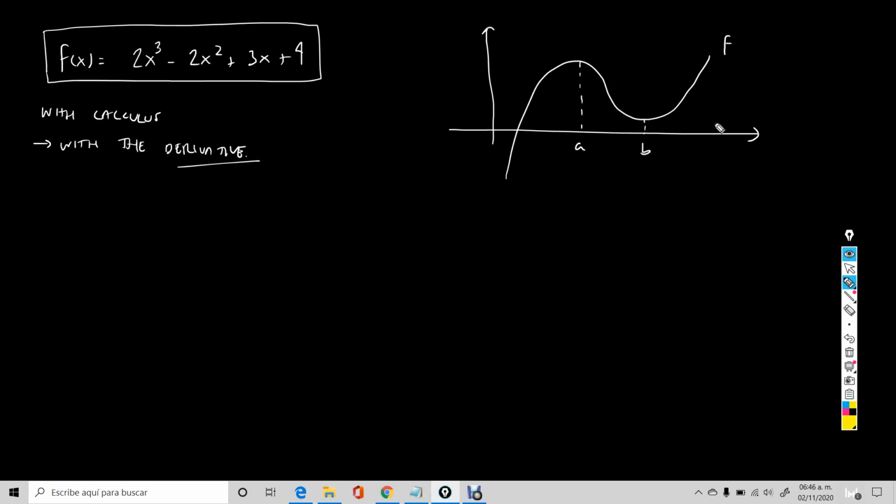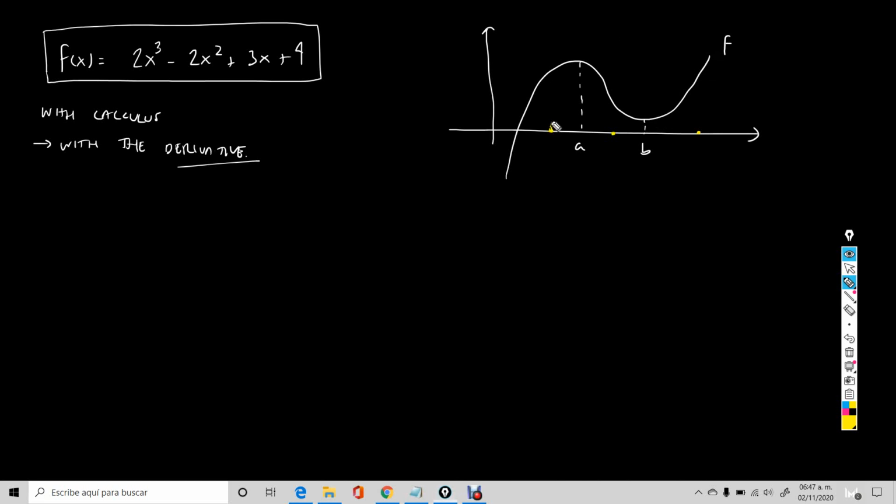Now, remember that the derivative helps us find one thing, and that one thing is, at this point, the slope of the tangent to the graph of this function at any point I want. And you have to understand this, guys. For example, if you pick three points, one over the increasing interval, another over the decreasing interval, and another over, one more time, the increasing interval.